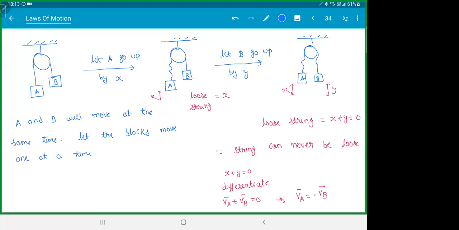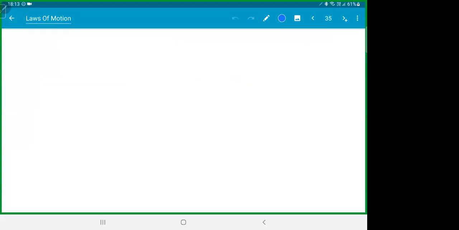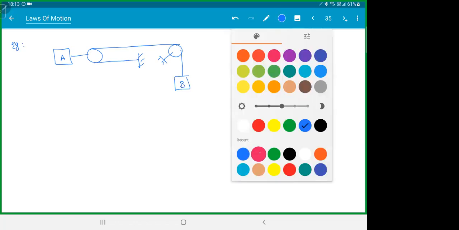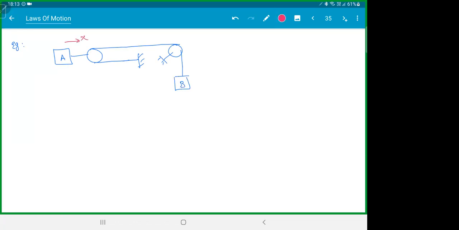No. Using the same thing, if I take one more example, let's say we have a block A here. We have a pulley here and this is fixed. And this is B here. Now, if I move A by X, can you tell me how much will B move?